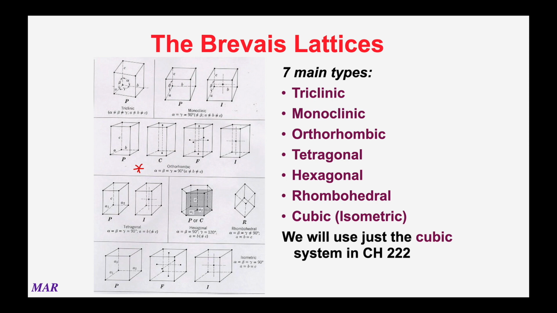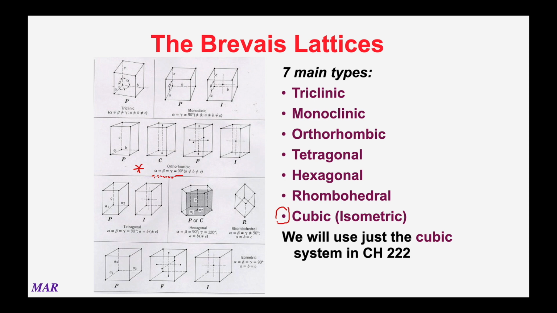If you look next to orthorhombic, you can see that all of the angles, alpha, beta, and gamma, are all 90 degrees, but the lengths of the sides, A, B, and C, are all different. So there was some interesting geometry going on there. In Chem 222, we're only going to look at the cubic, which is also known as isometric unit cells.